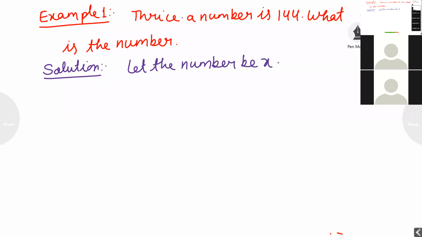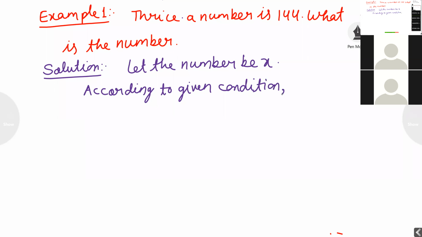We don't know the number, we have assumed the number is x. Now, according to the given condition, he has given thrice a number is 144, means thrice a number is equal to 144.